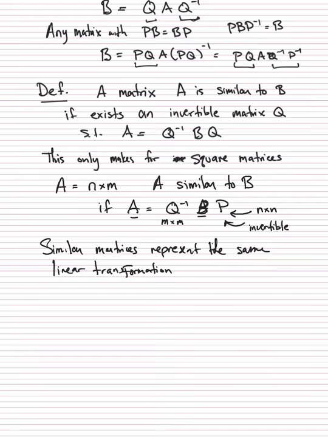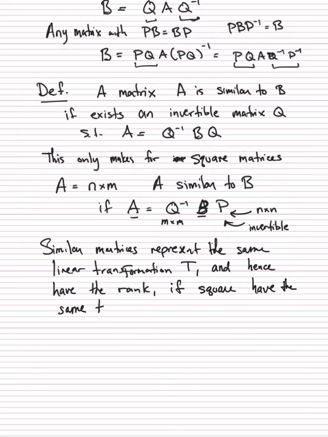A and B are just different matrices for the same transformation T, okay? So therefore, they have a lot of the same properties, and hence have the same rank. If it's square, they have the same trace. We'll see next week they have the same determinant.